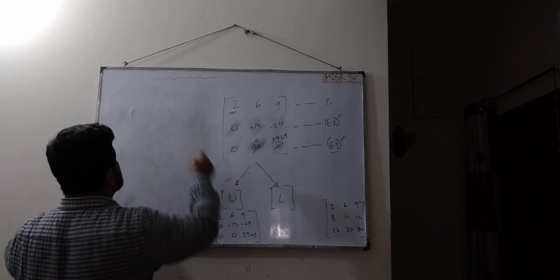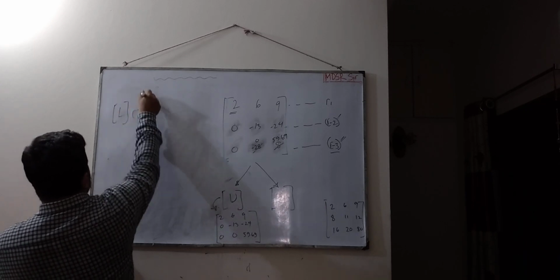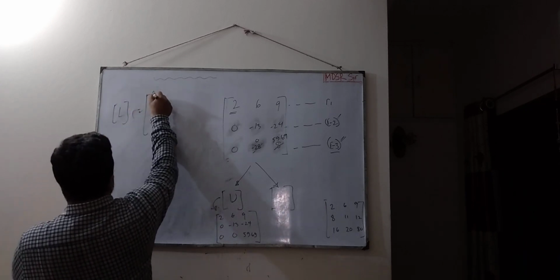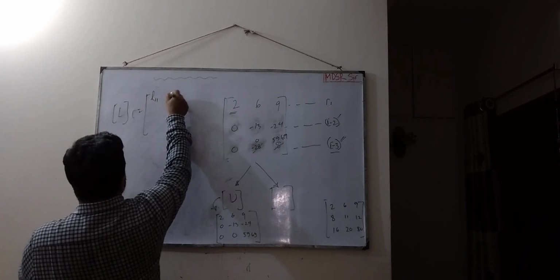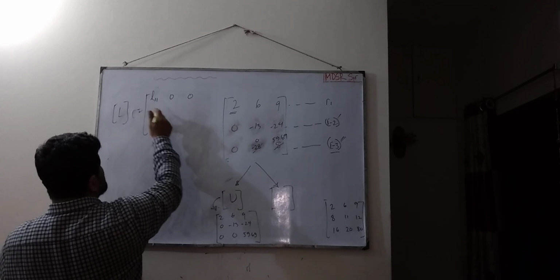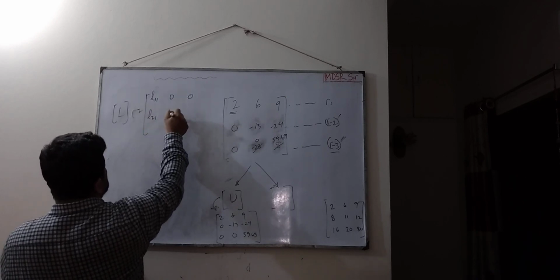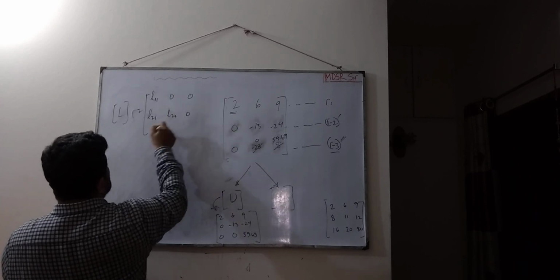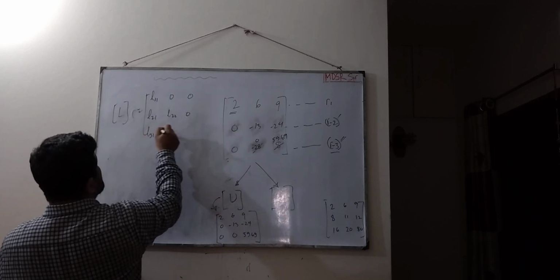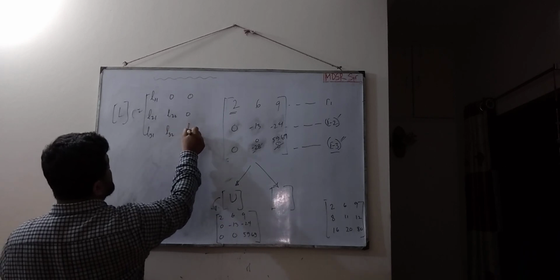For the L matrix we need to find these elements: L11, 0, 0. We don't need to solve for those. We need L21, L22, and 0. We need L31, L32, and L33.